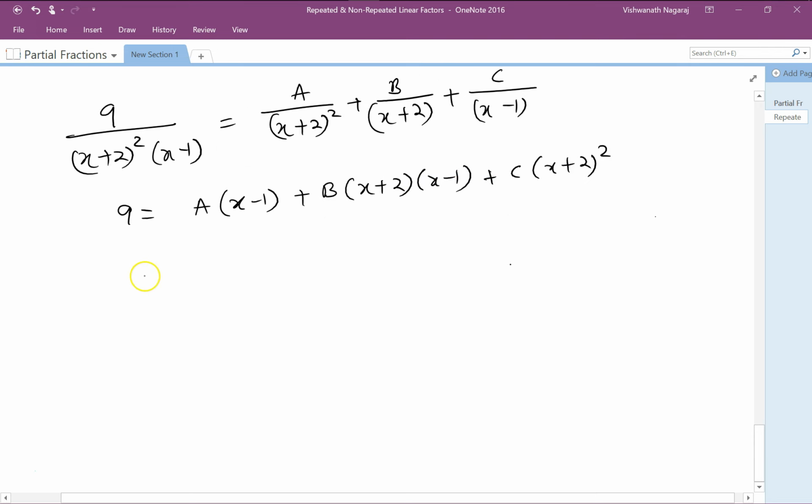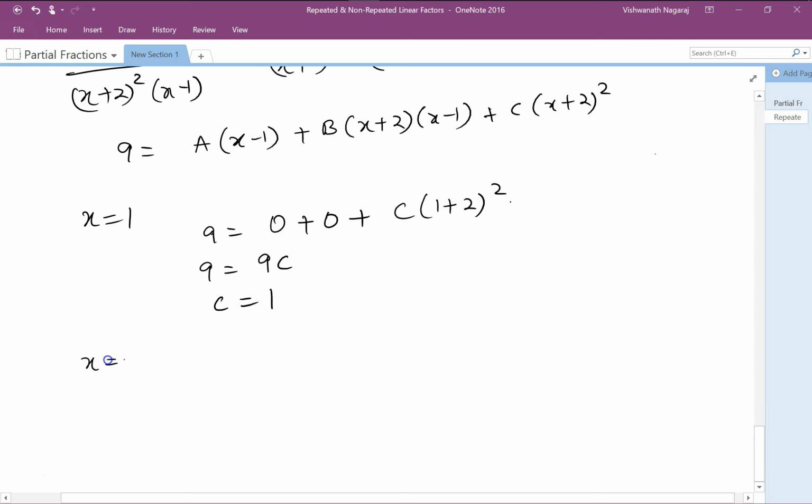Now what we'll do is let's make x equal to 1. So 9 equal to 0 plus 0 plus c times 1 plus 2 square. So 9 is equal to 3 square, that is 9c. So c is equal to 1.